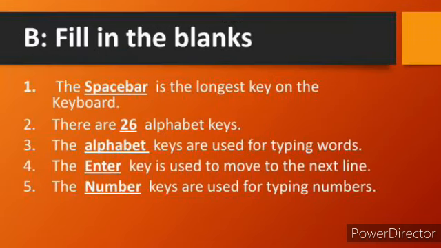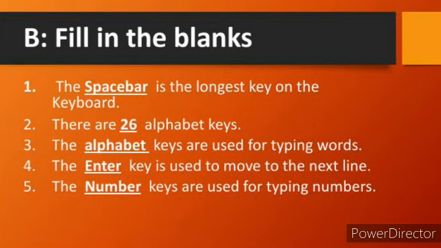Fill in the blanks. Number 1 is the dash is the longest key on the keyboard. The spacebar key is the longest key on the keyboard. Number 2 is there are dash alphabet keys. There are 26 alphabet keys. Number 3 is the alphabet keys are used for typing words.